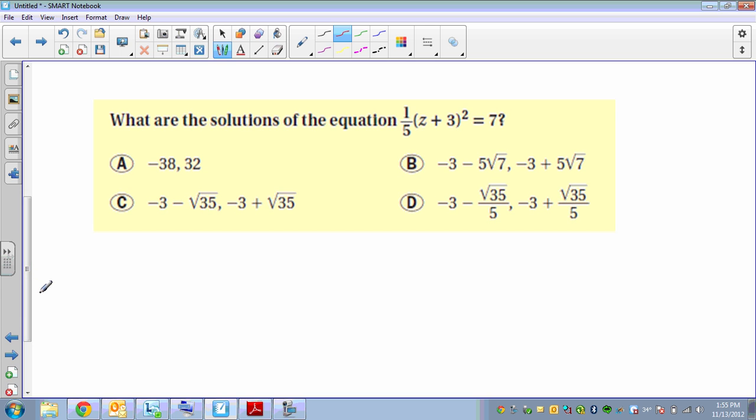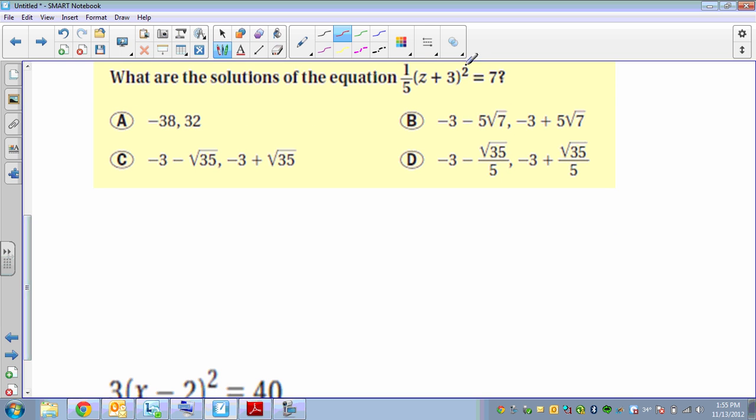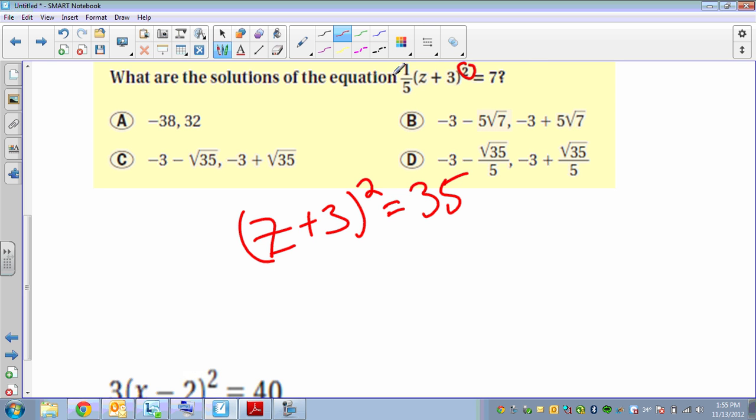Next one, again, I want to get this squared by itself first, so I got to get rid of 1/5 by multiplying by 5. The opposite of a fraction is multiplying. And then I got to get rid of the squared.